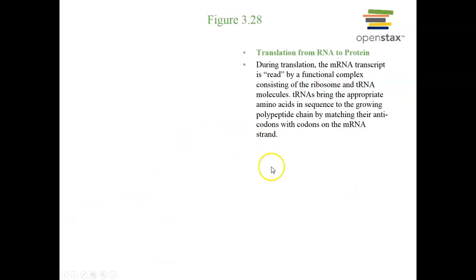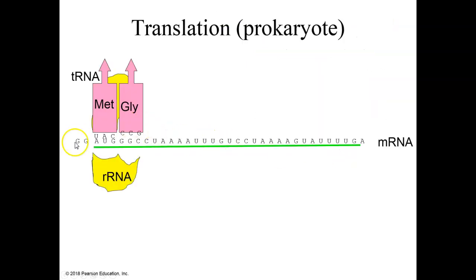So during translation, mRNA is read 3 nucleotides at a time, and the proper amino acid is going to come in. And so here, the amino acid that is always going to start the translation process is methionine.